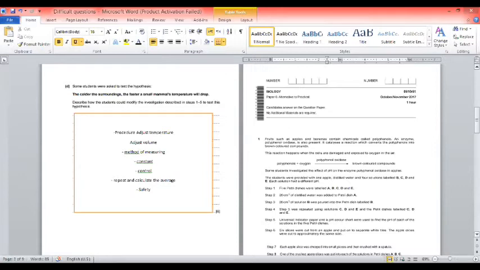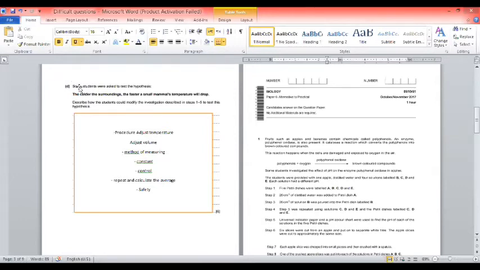Another question that you always face, and you stand in front of it thinking about what you should do, is the question that has 6 marks and begins with the word describe. Okay, it's so easy. You will always be provided with an investigation or a hypothesis, and you will be asked to describe the steps that could be used to prove this hypothesis.